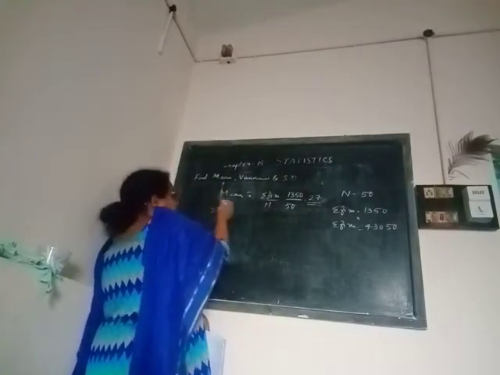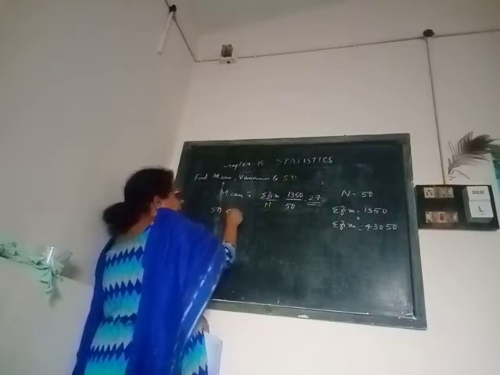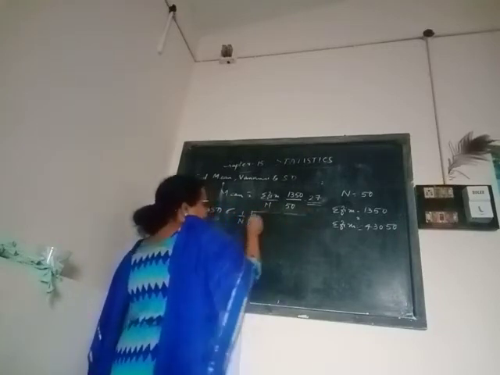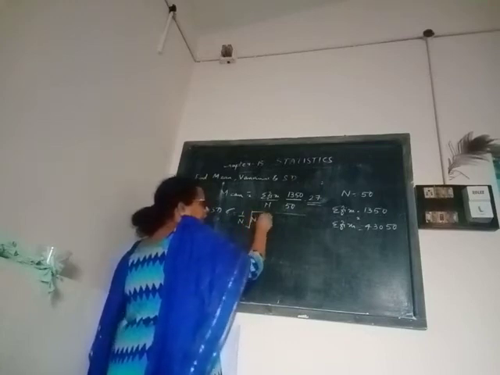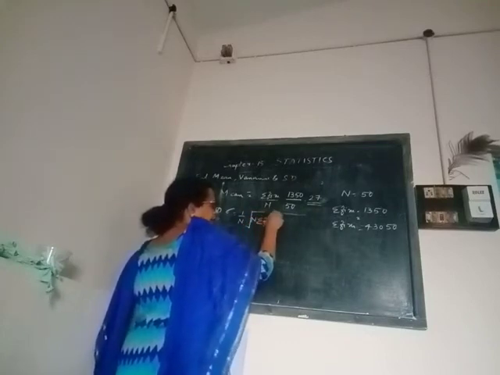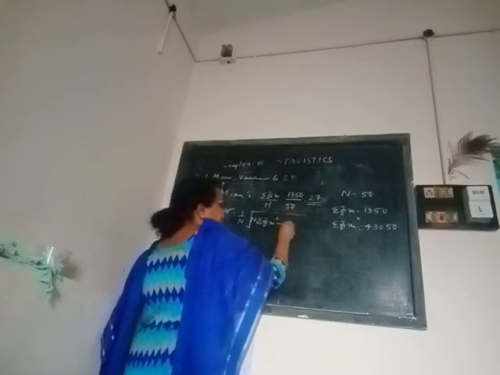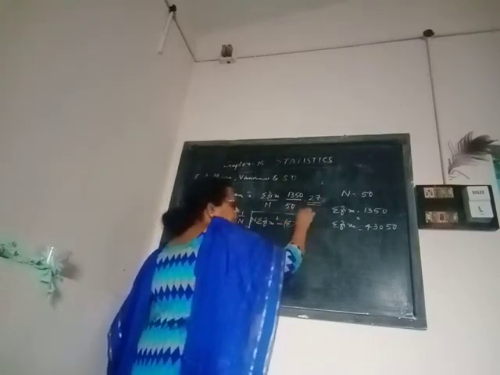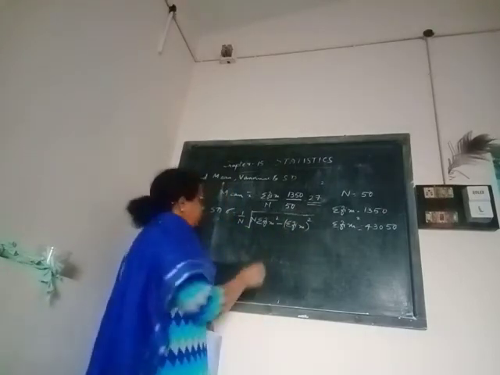Next is standard deviation. What is standard deviation? Sigma is 1 by n root of n sigma fi xi squared minus sigma fi xi whole squared.